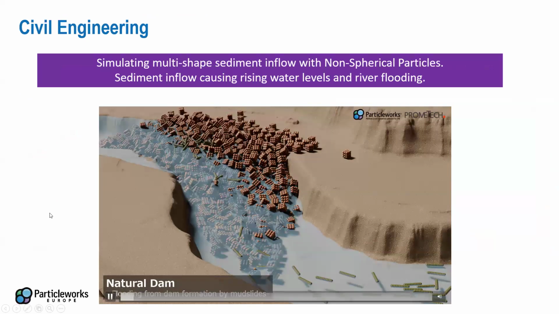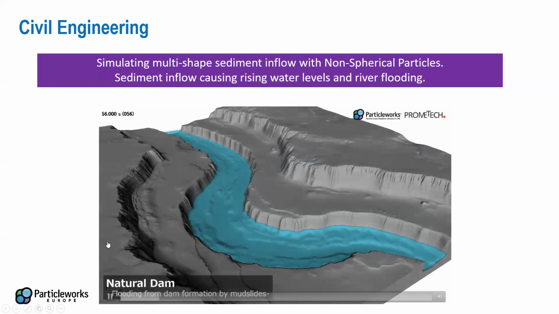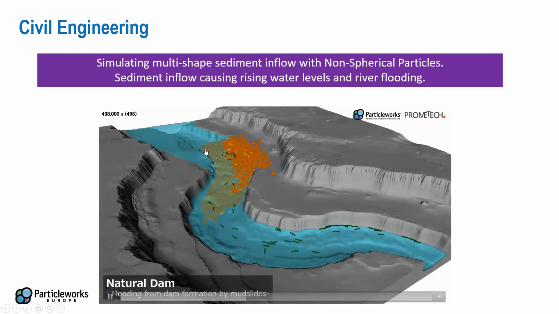Civil engineering applications are of course also of interest. Here we have a natural dam system and the study of how this natural dam could impact the flow or change the river flow accordingly.